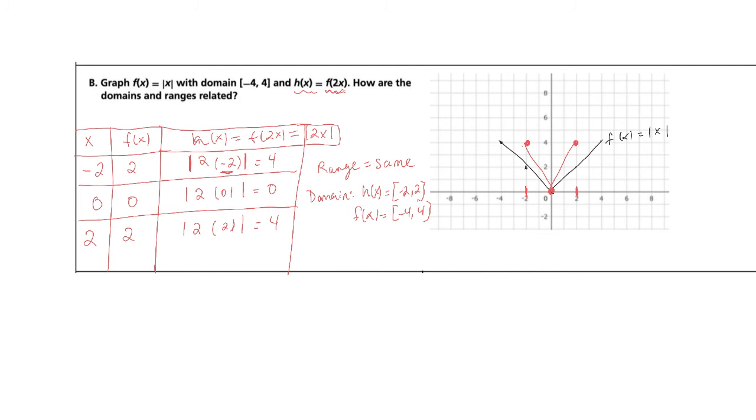And this is going to be a compression, because we're compressing our function. This decreases distance between points with the same factor. And if you go back to the stretch, stretch increases.